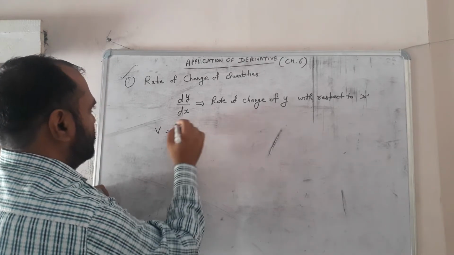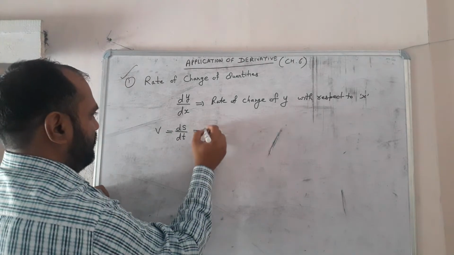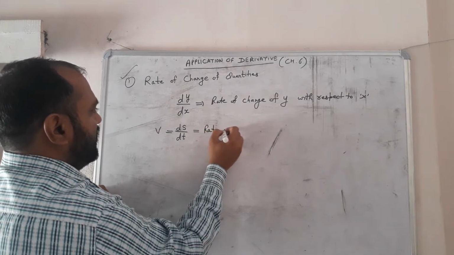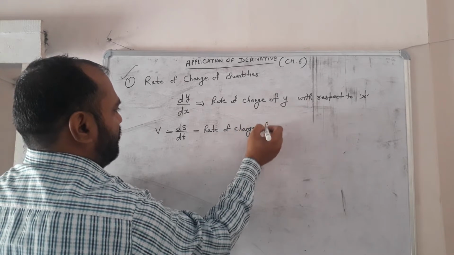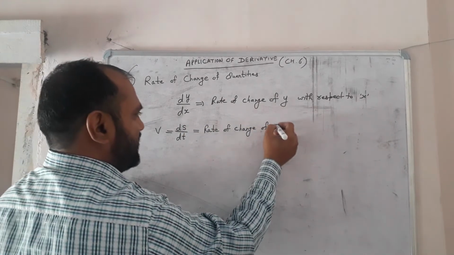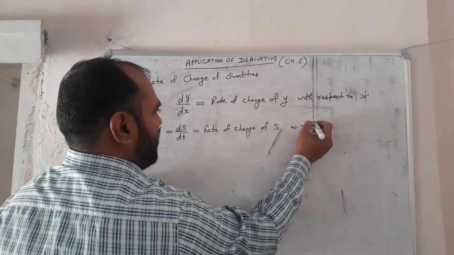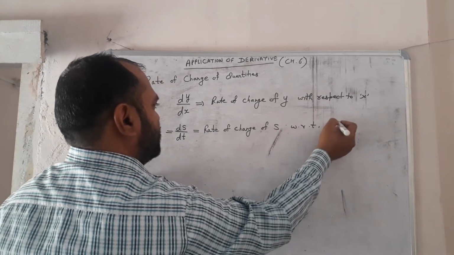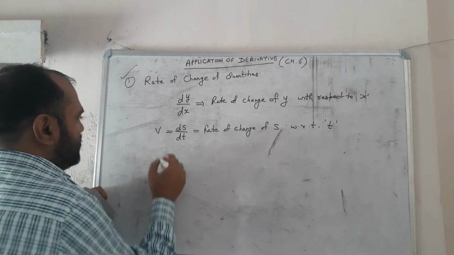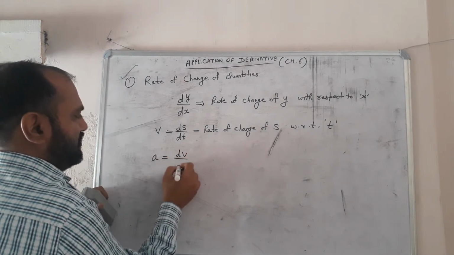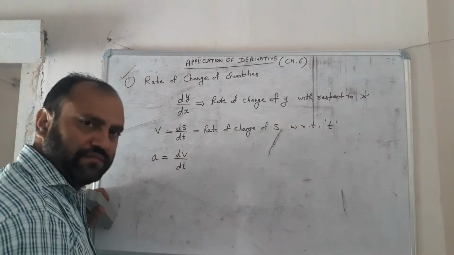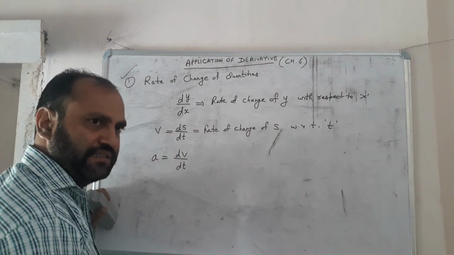So try to understand rate of change of quantity s with respect to time t. Similarly, what is acceleration? Acceleration is rate of change of velocity with respect to t, dv over dt.